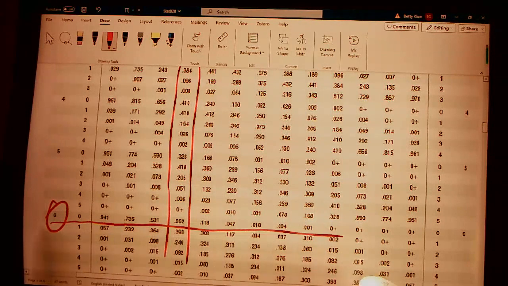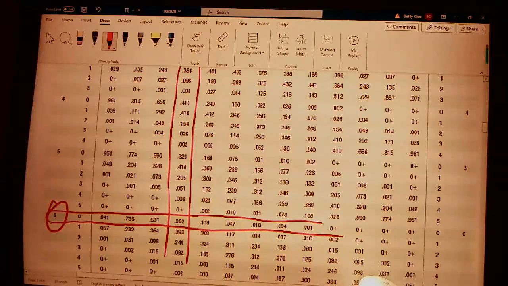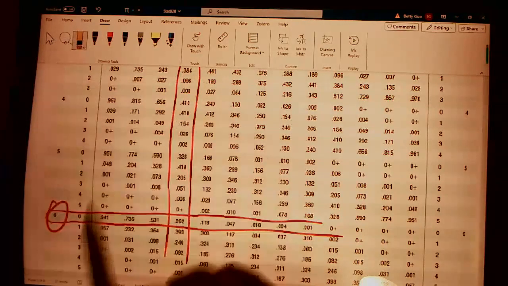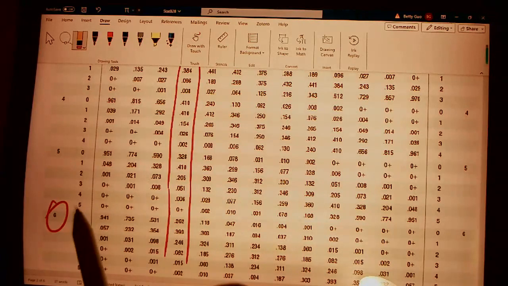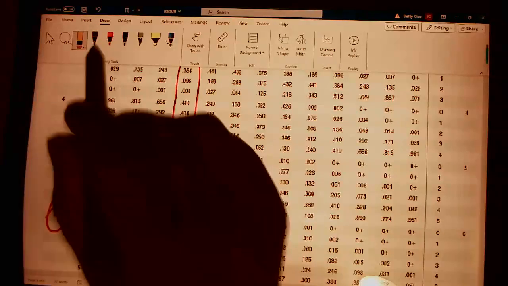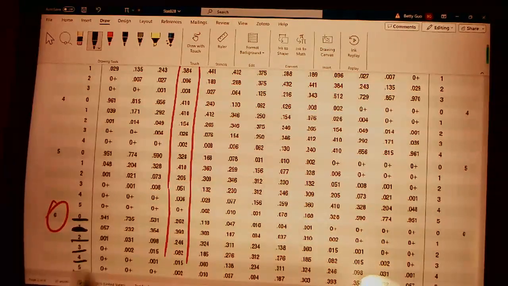And remember the n equals 6. So we use this row. Actually, we also have to figure out what is the value of x. We want to find the probability of x assuming value 0. As you can see, when n equals 6, we have x equals 0, 1, 2, 3, 4, 5, and so on.